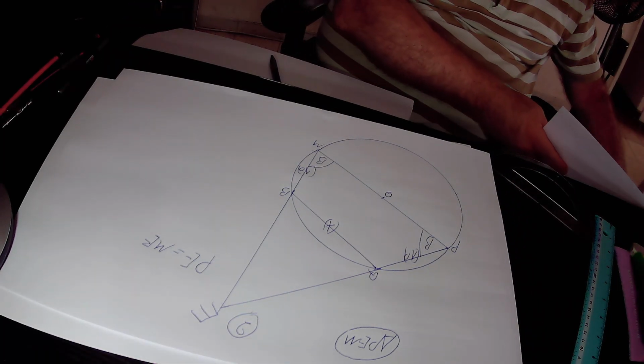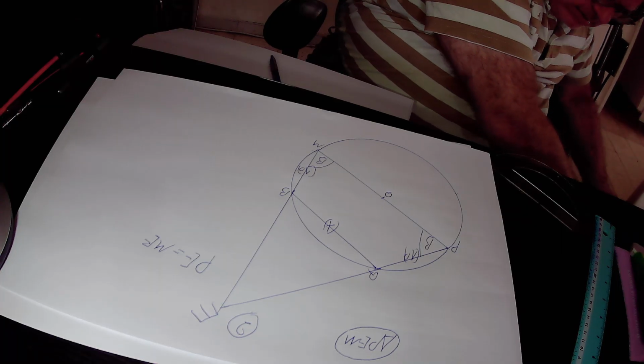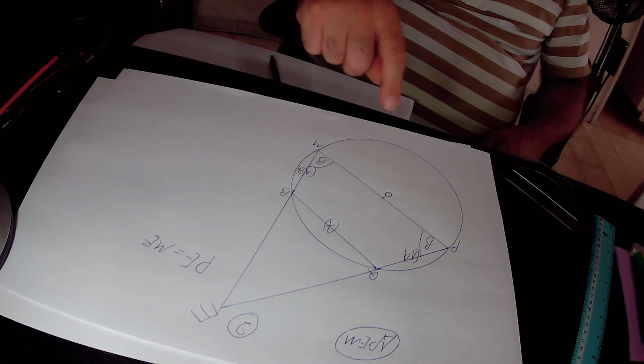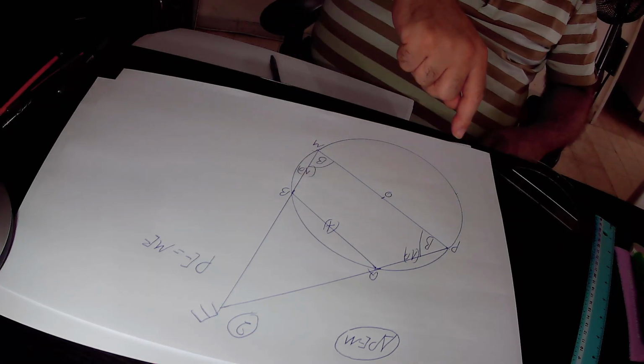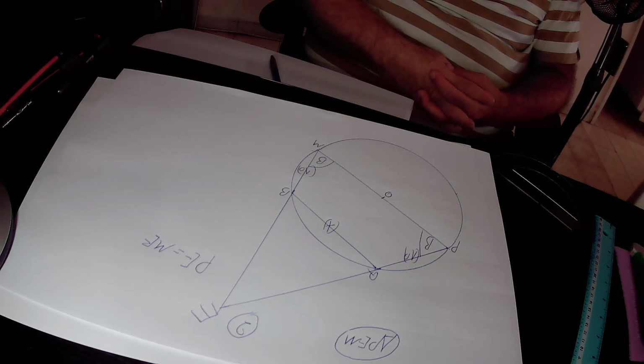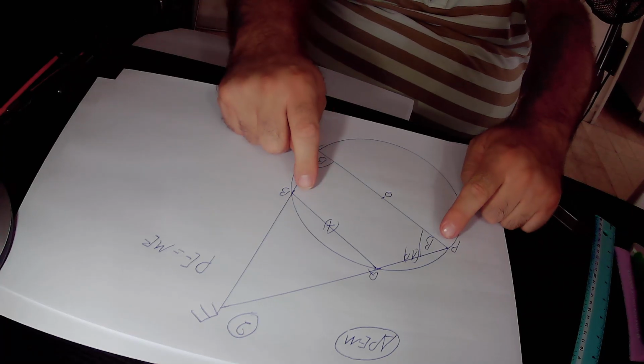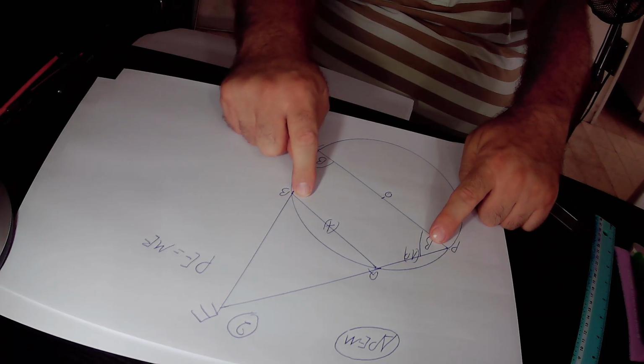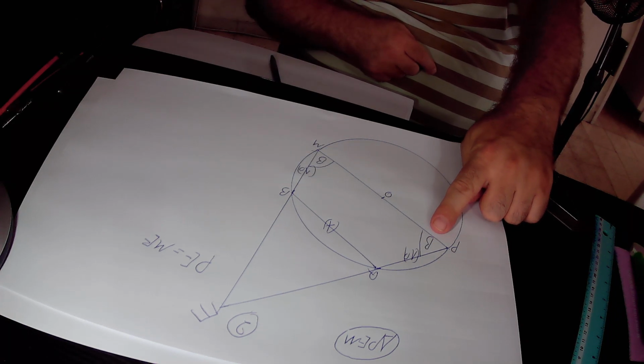Why? Because in our drawing, we have quadrilateral QBPM that is described by this circle, and according to the new rule, the sum of those two opposite angles must be equal to 180 degrees. This angle equals beta degrees in its size.